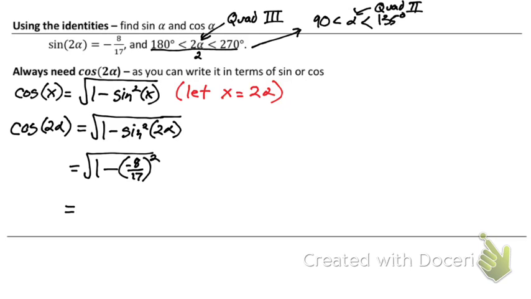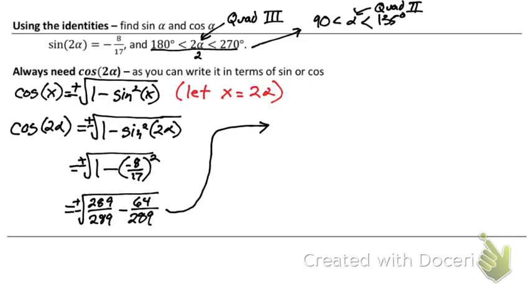So that's just going to equal the square root of 289 over 289 minus negative 8 squared, which is 64 over 289. Remember, at this time we have plus and minuses out front. I always forget those, but we should have plus and minuses out front because we don't know which it is yet.